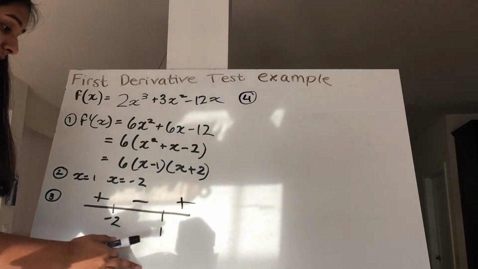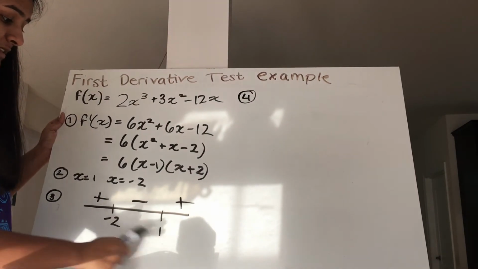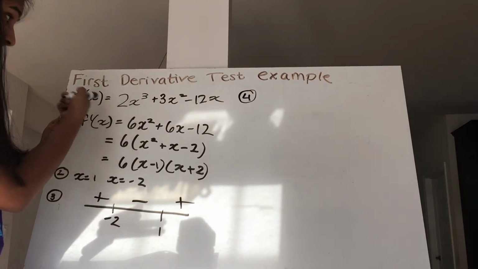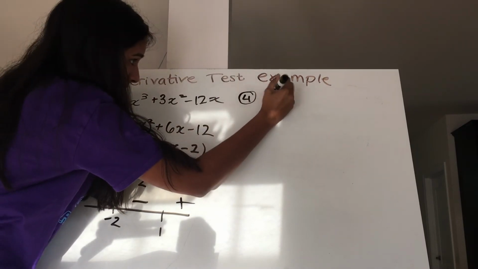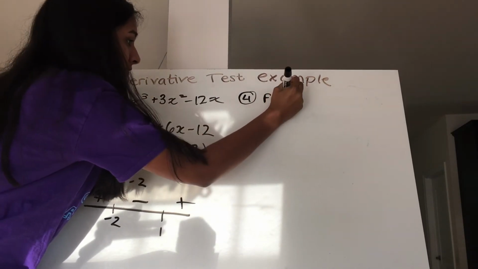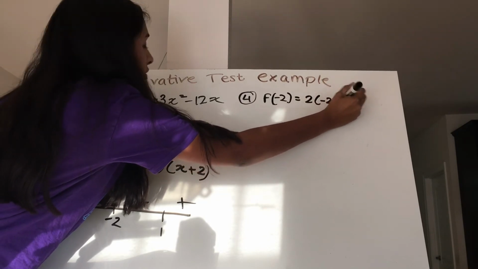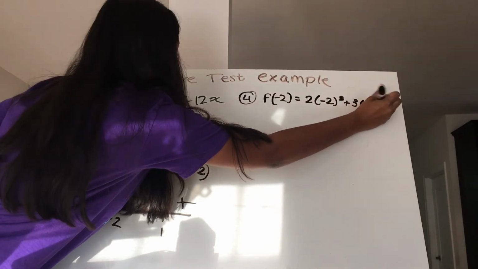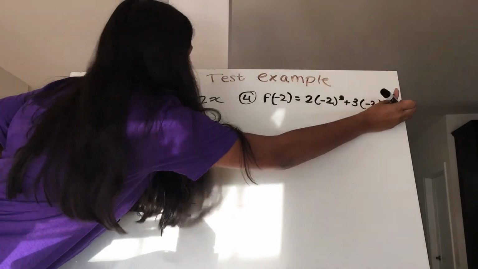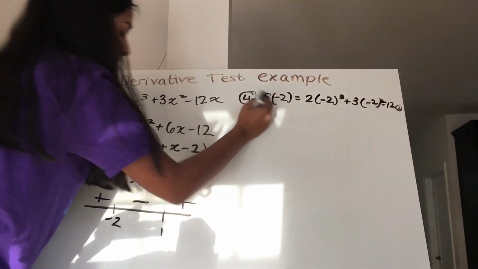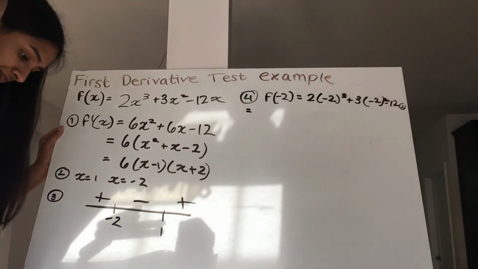So next we know that the function is changing at these points, so we're going to put it into our original function. So we have f of negative 2 equals 2 times negative 2 cubed plus 3 times negative 2 squared minus 12 times negative 2.